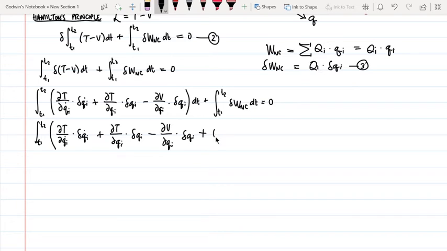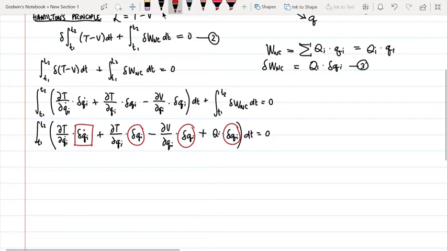Plus we have this big Qi times delta Qi dt is equal to 0. And so we're gonna have a nice moment here where almost every term here has delta Qi, except for this one, which is delta Qi dot, unfortunately.